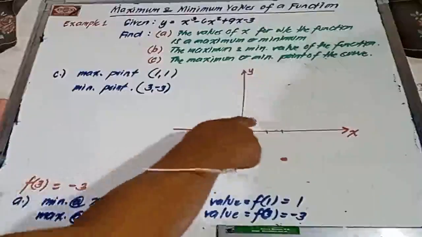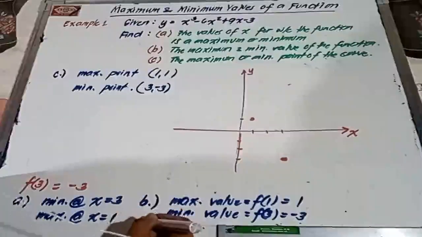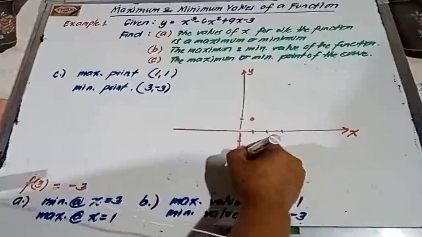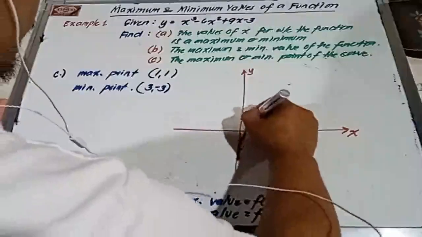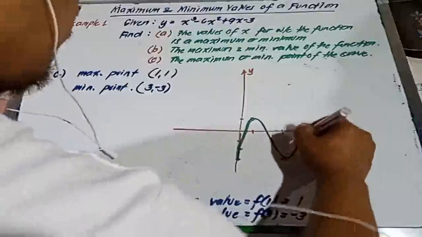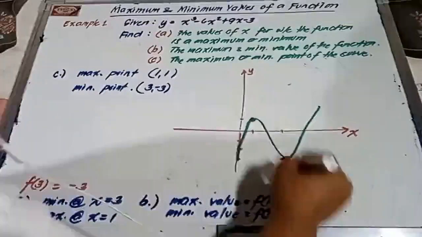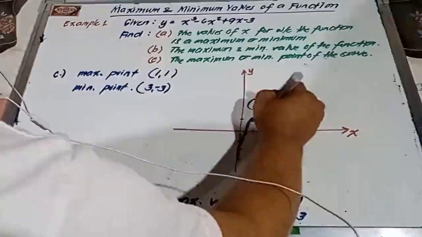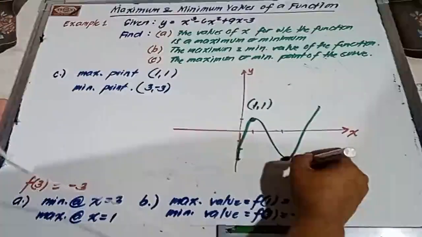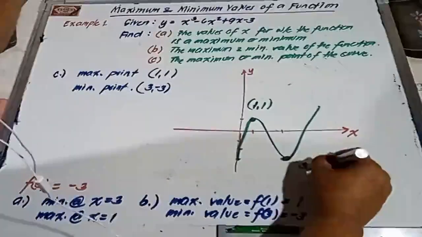So, we have max point yon. So, pag ganito siya, dadaan pa siya sa negative 3. Tama dito. So, we have yan. Okay? Ito yung max point natin na 1, 1. Ito ay yung ating minimum point na 3, negative 3.